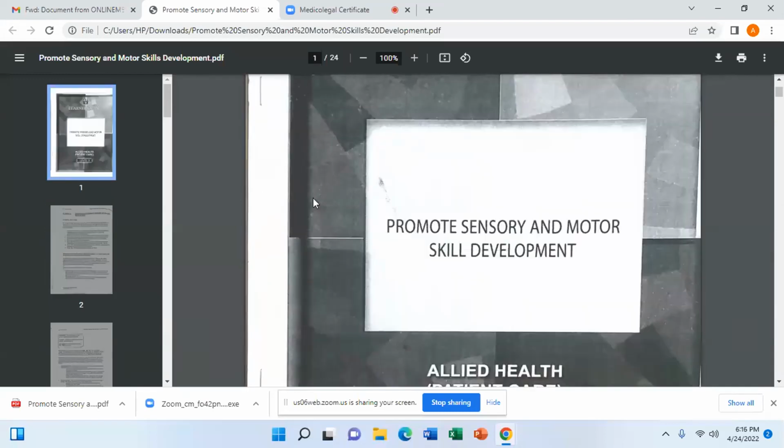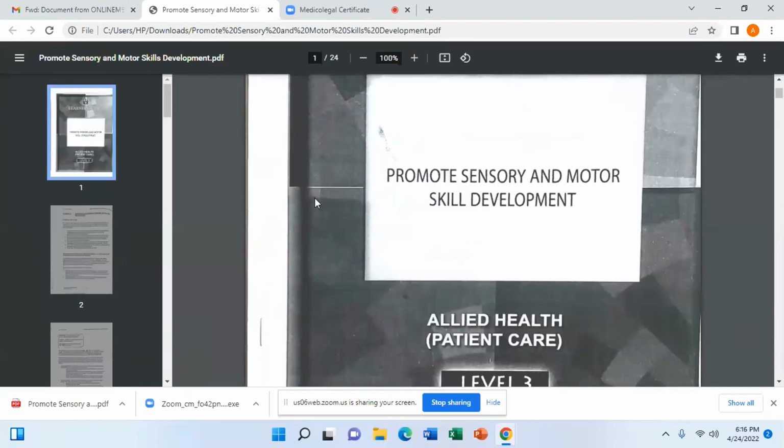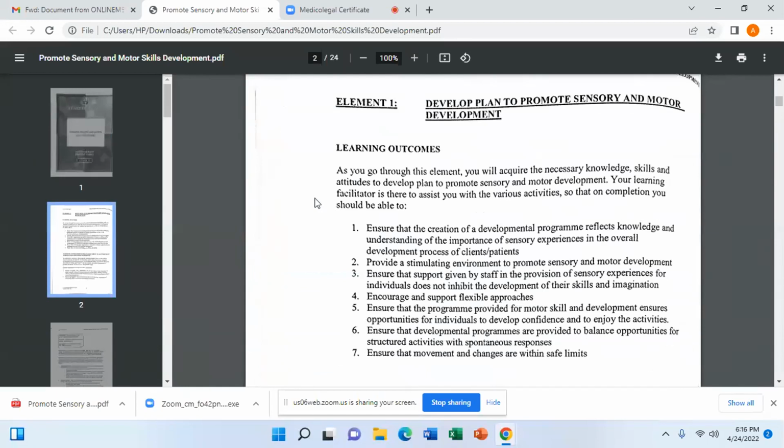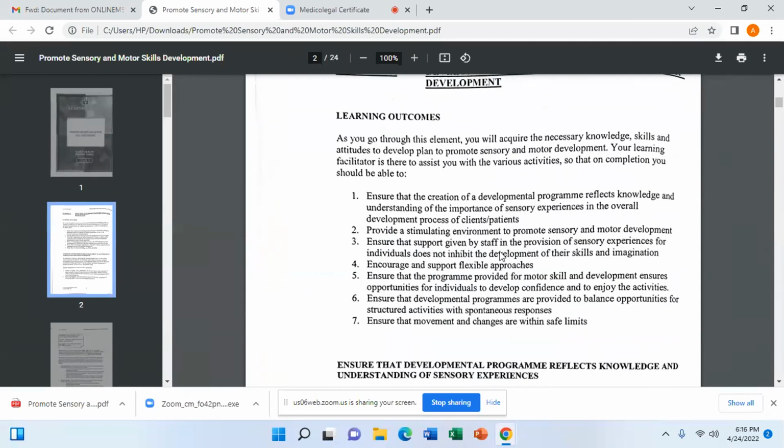All right, so we're going to be looking at sensory and motor skill development. This is element one. It says to ensure that the creation of a developmental program reflects knowledge and understanding of the importance of sensory experiences in the overall development process of clients or patients.